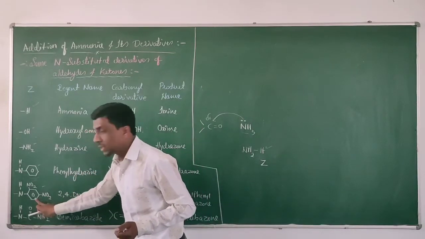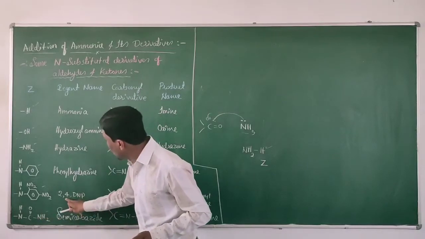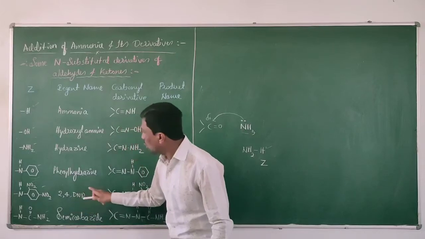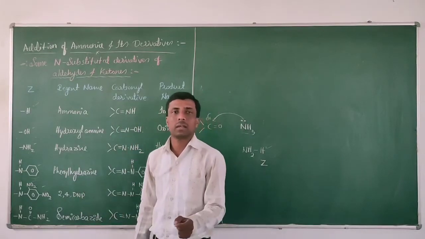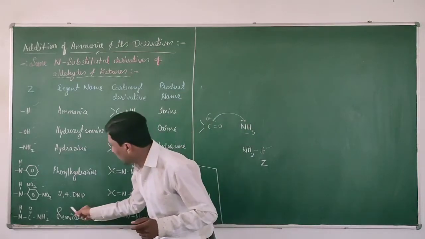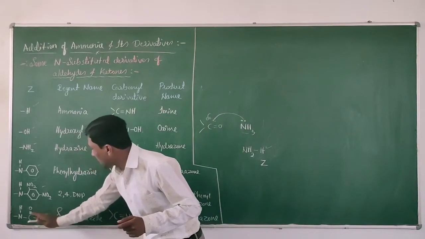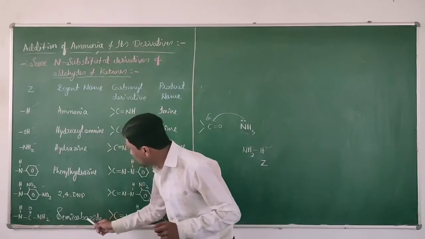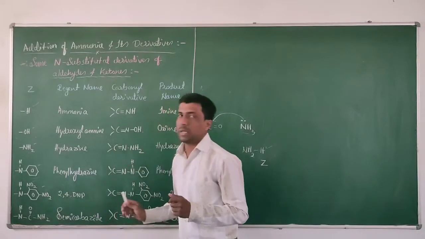If this species is there in the place of Z, this is called 2,4-DNP, that is, 2,4-dinitrophenyl hydrazine. Last one, if this species is acting as Z, the compound is named semicarbazide.